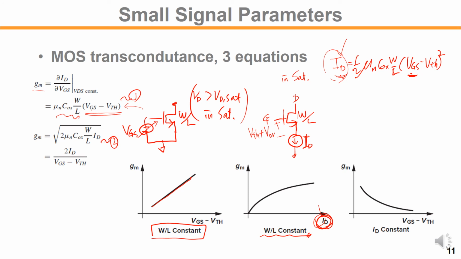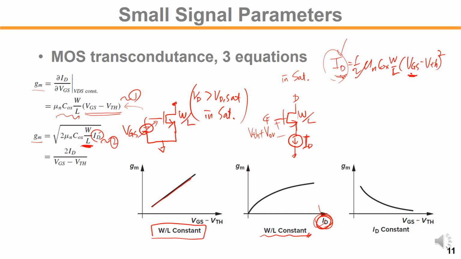For the fixed device size, you want to change the ID, you want to see how the GM varies like this, right? So it is proportional to the square root of the ID.